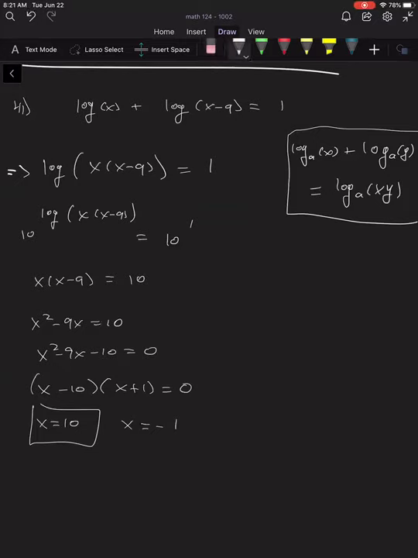However, if we plug in minus 1, we get log of minus 1, and we can't do that. The inside always has to be bigger than 0. So we have to get rid of the answer of minus 1. Our only answer for this problem is x is equal to 10.